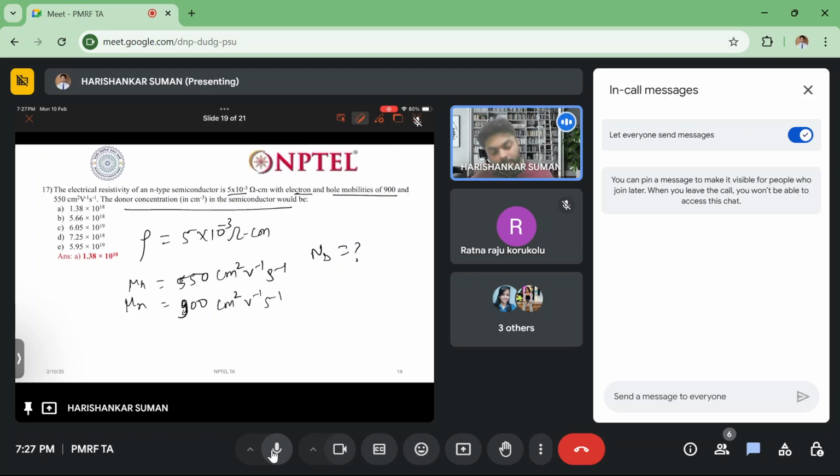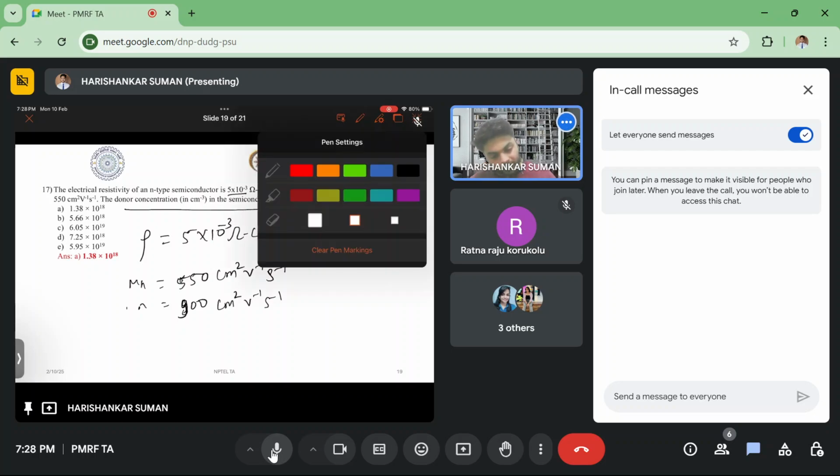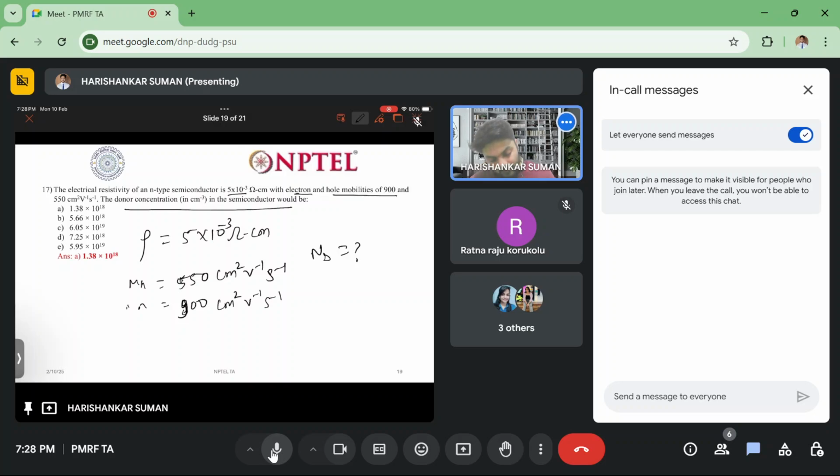So let me discuss. Answer is A, but let me tell you the conductivity: n e mu, or donor acceptor you can use.